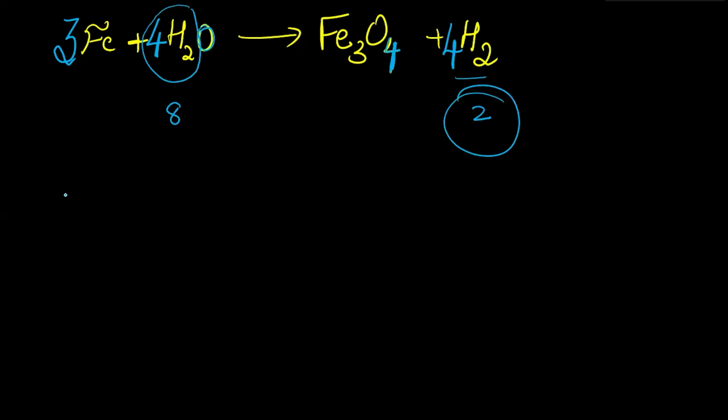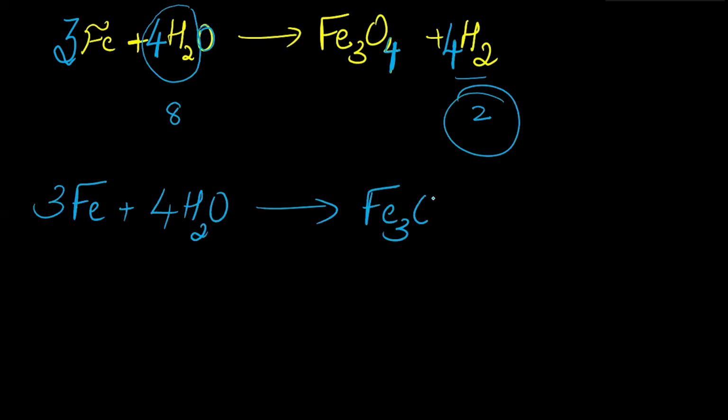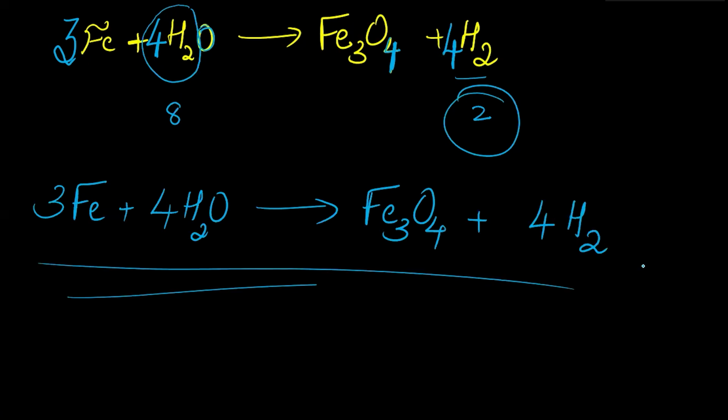So we get 3Fe plus 4H2O gives Fe3O4 plus 4H2. This is the balanced chemical equation. Hope you are getting how to balance that, right?